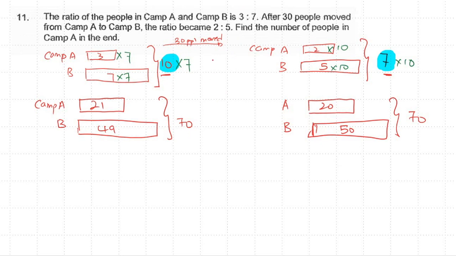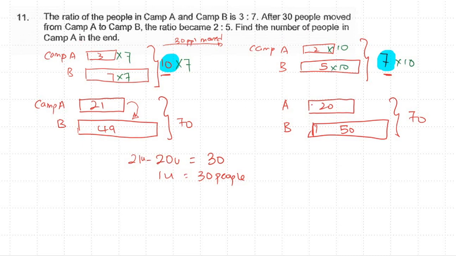Then I ask, I know that this 21 changed to 20 is because people move from here to here. So 21 minus 20, this is 1 unit. It's because 30 people move. That's why I have reduced. So in this case, 1 unit will be equals to 30 people. Okay? So find the number of people in Chem A in the end.